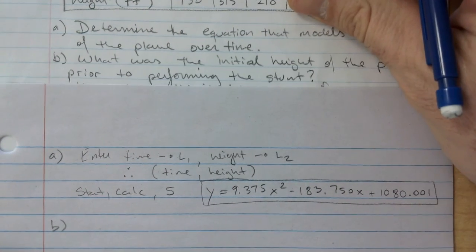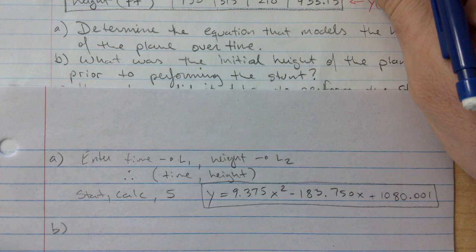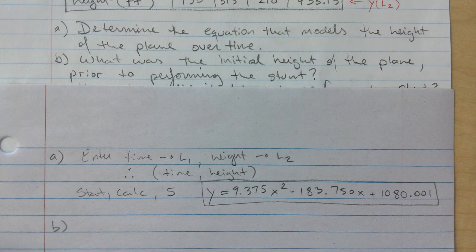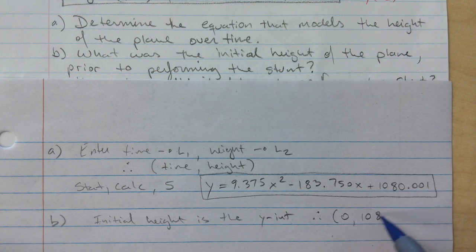B, it says what was the initial height of the plane prior to performing the stunt, okay? So the initial height is the y-intercept, right? And the y-intercept is 0, 10,080.